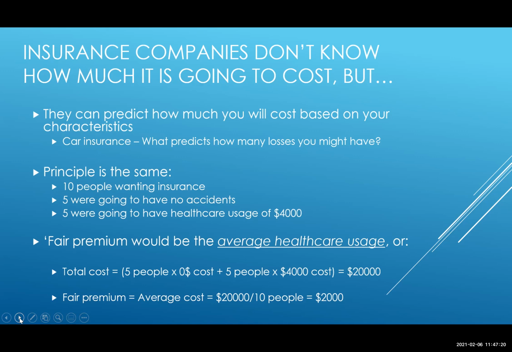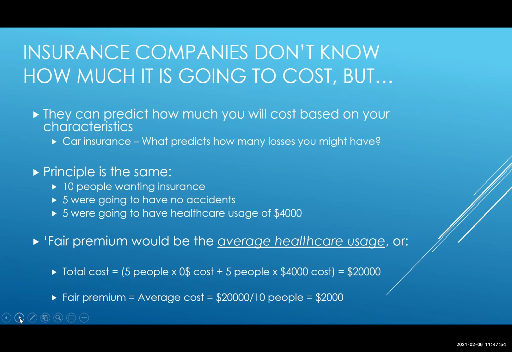And basically the principle is the same for health insurance. So you have 10 people wanting insurance, 5 are going to have no healthcare usage, and 5 are going to have some sort of issue, and their usage is going to be $4,000.